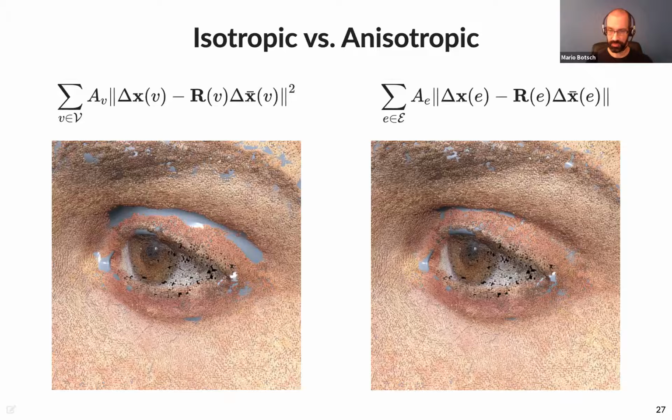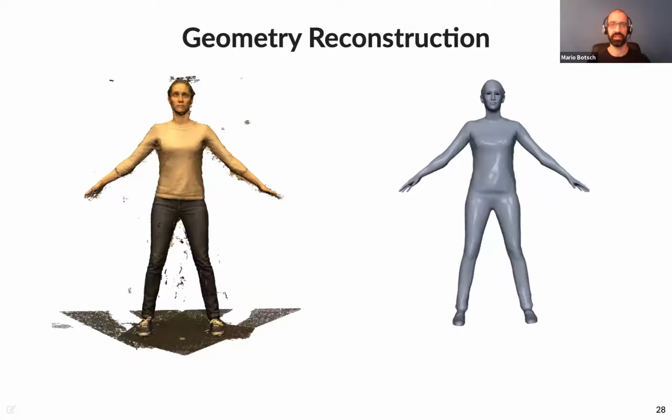So we do this optimization and then get a reconstruction of the geometry. You see the point cloud on the left-hand side, the reconstructed geometry on the right-hand side. So that's quite a good match.